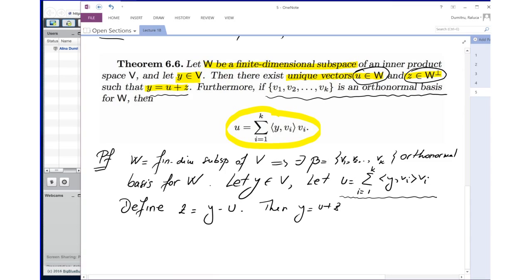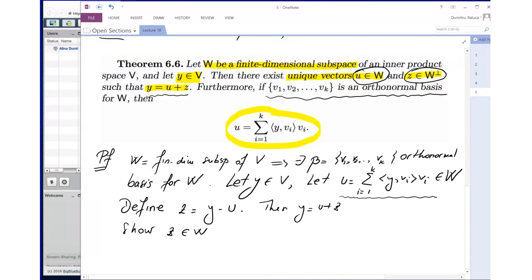Well, who are those VIs? Those form the basis for W, right? And U is defined as a linear combination of VIs, so a linear combination of the basis elements of W. So, of course, I'm going to get a vector in W, right? U is in W. Z, however, needed to be where?